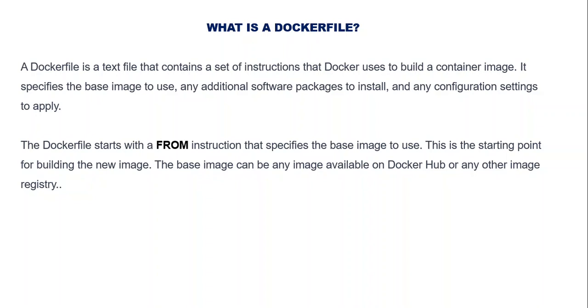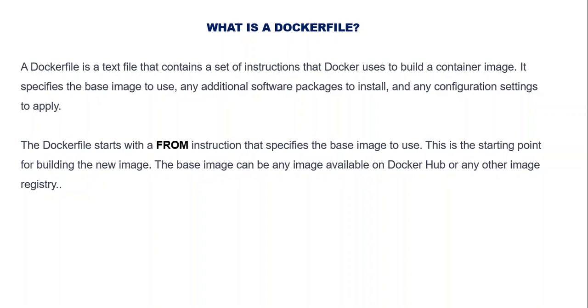So a Dockerfile starts with an instruction. It starts with the FROM instruction, actually. That FROM instruction specifies the base image to use. Whenever you're starting to build your Dockerfile, you need to have a base image to use. The base image is just like the foundation.